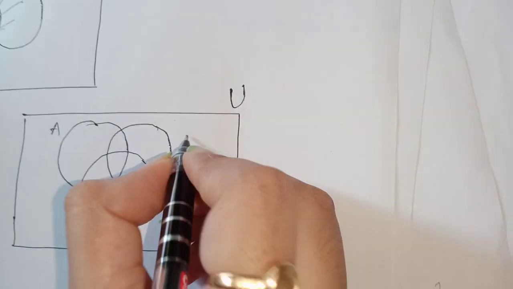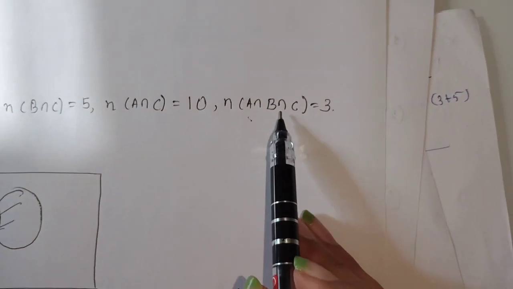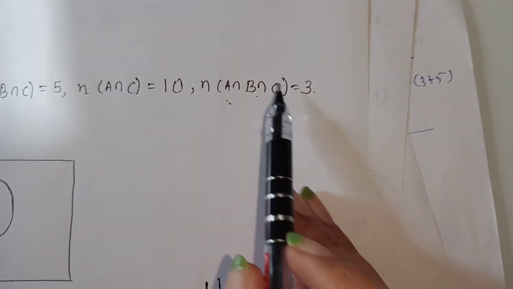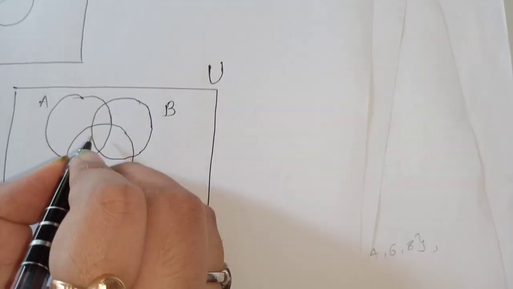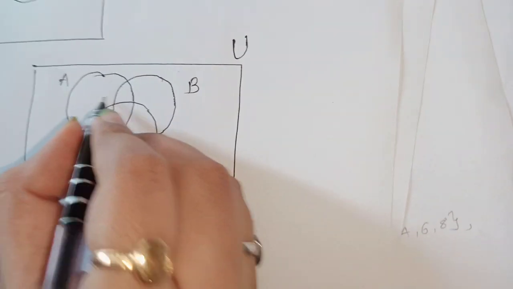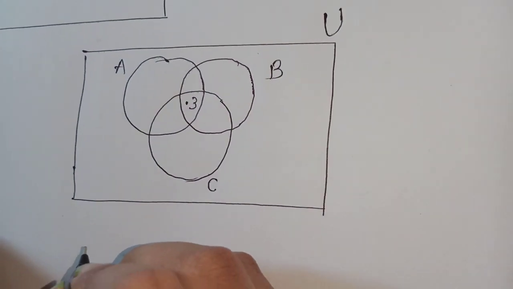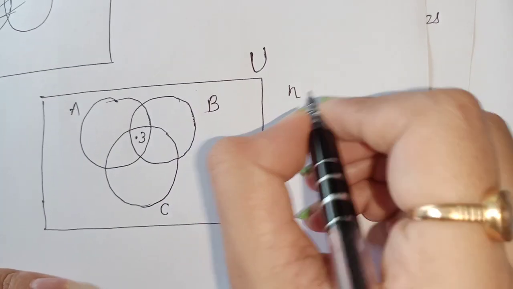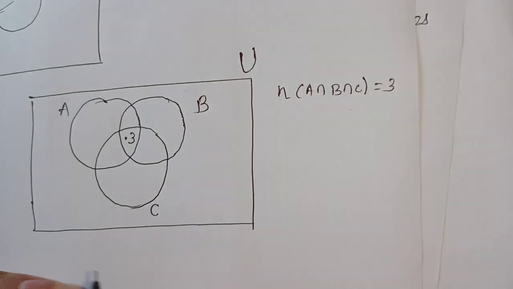Okay, this is U, A, B and C. Now it is given here A intersection B intersection C, that is the common part of three sets, 3. So I will put this intersection of A, B and C, the smaller part, this one, 3. Okay, so I will write that number of A intersection B intersection C is equal to 3.